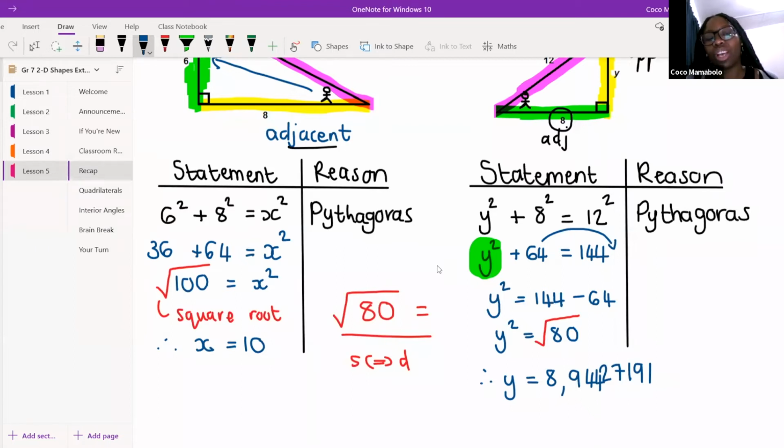I want you guys to type this in the chat as I say it. Okay, Inati, I see you. Just give me a second. Leave the answer as a square root. Type this in the chat for me, please. Thank you, Ivani.